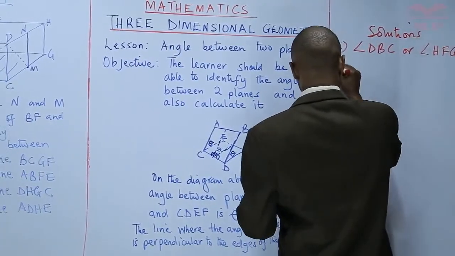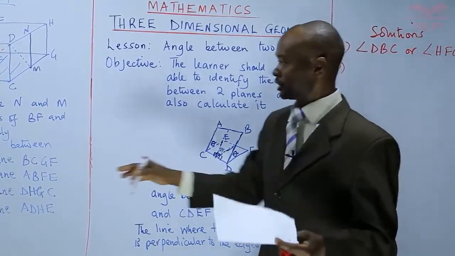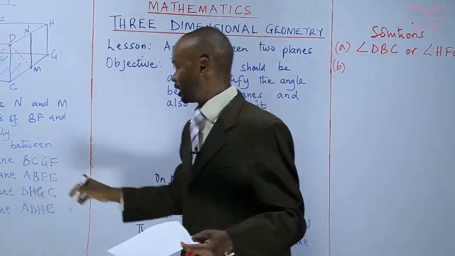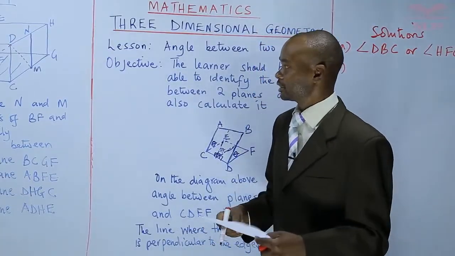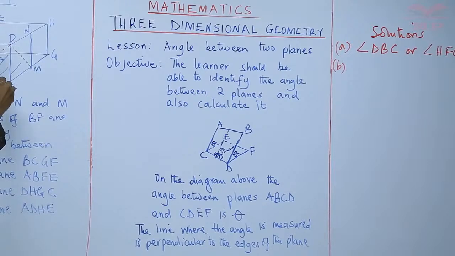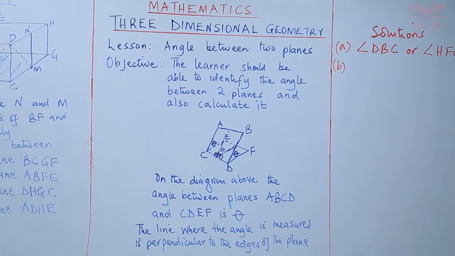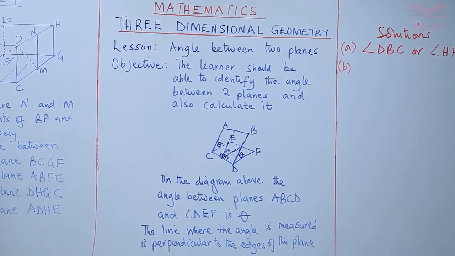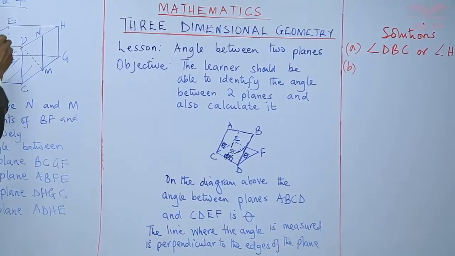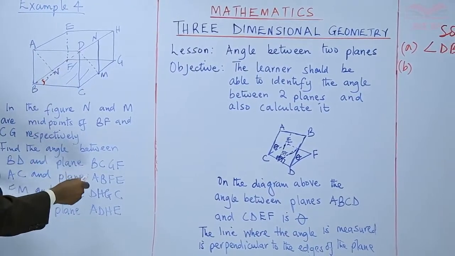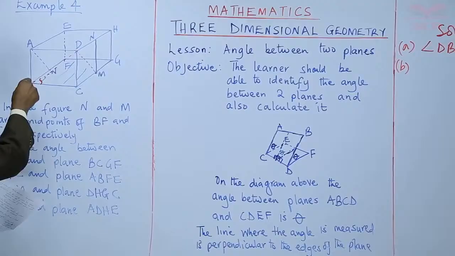We come to B, AC and plane ABFE. You look at AC and this plane ABFE.